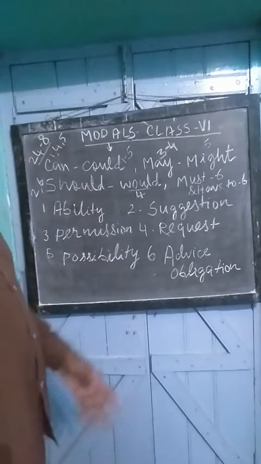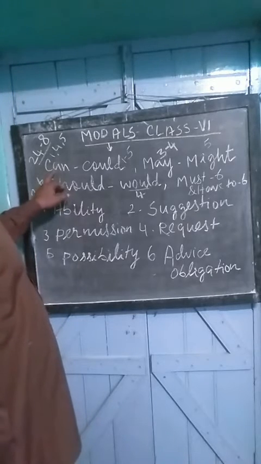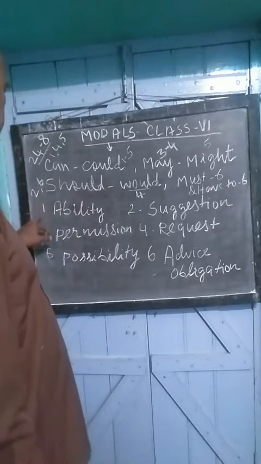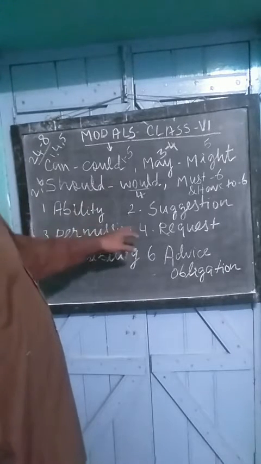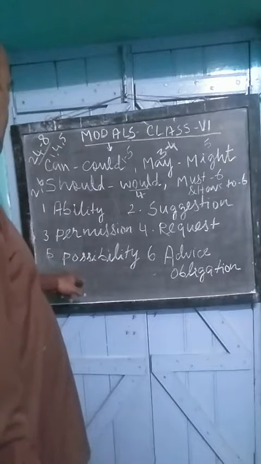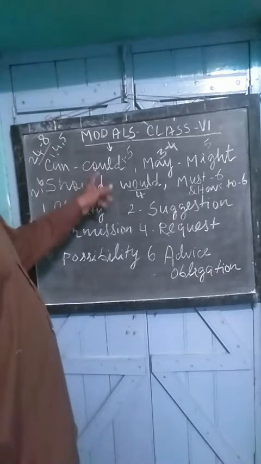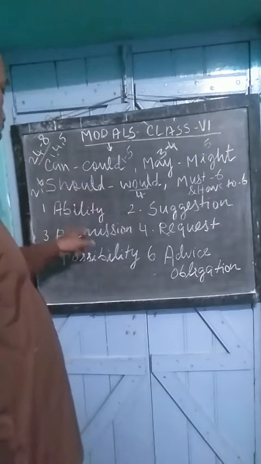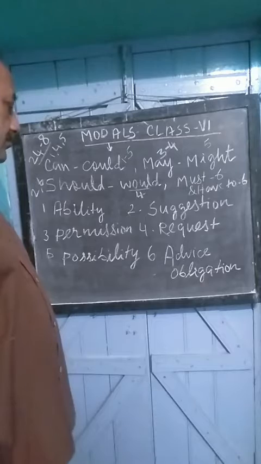Now, what is to be remembered is, you see this can is used in the 1, 4, 5 options: 1 ability, 4 request, 5 possibility. Can is used in 3 places. And could is used in 5 places, from 1 to 5, from ability to possibility.